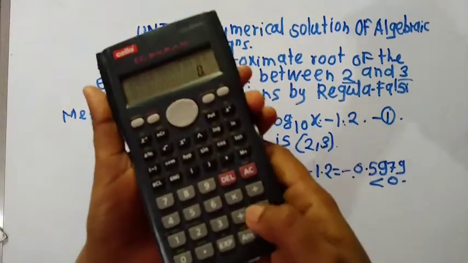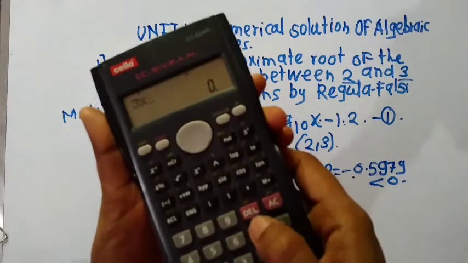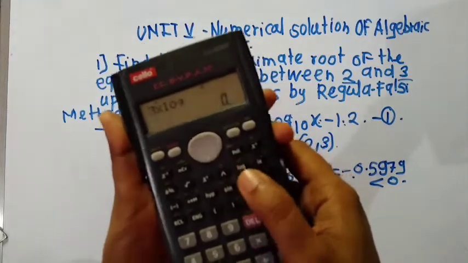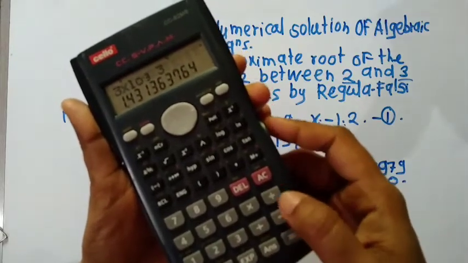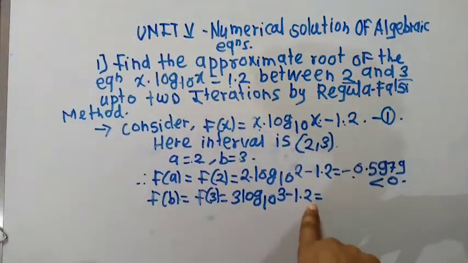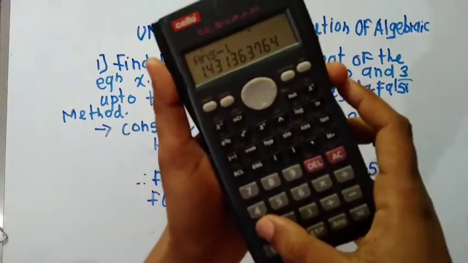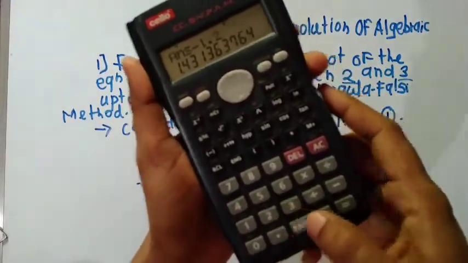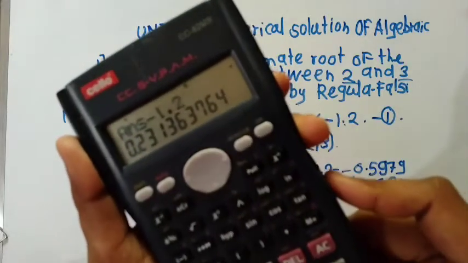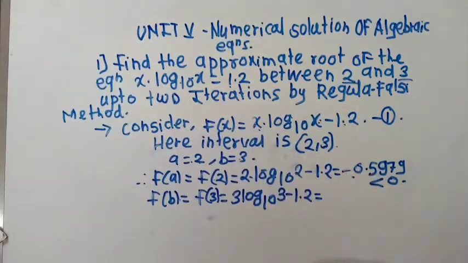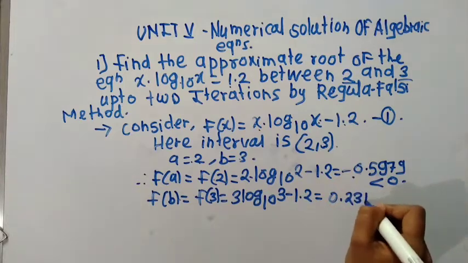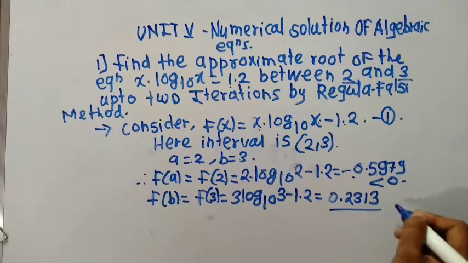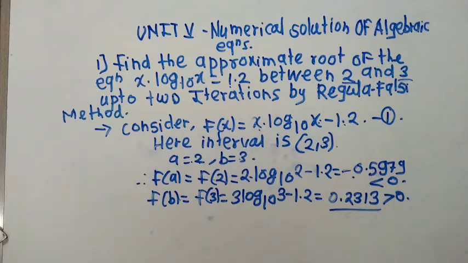So here 3 into log 3 minus 1.2, which is equal to 0.2313, and it is greater than 0.